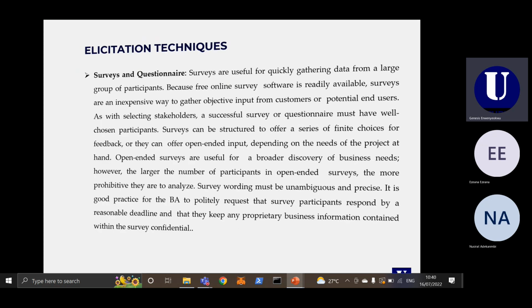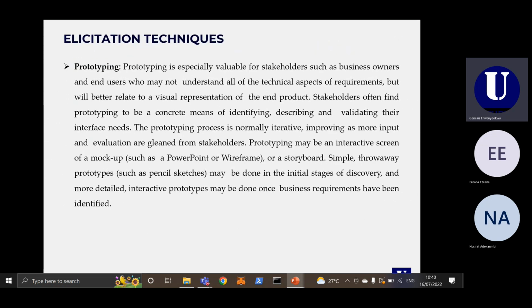Now, the next technique we'll be looking at is prototyping. As I mentioned earlier when I was talking about the types of elicitation, and I talked about experiments, prototyping falls under the experimental approach to eliciting requirements.